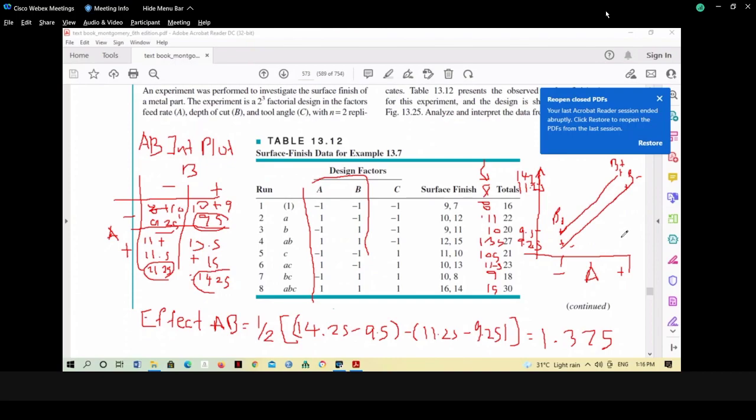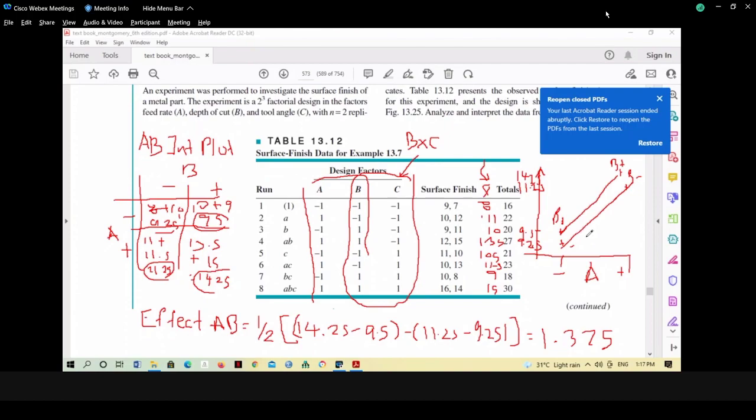Okay, so similarly, you can construct A and C and B and C, the two-way interaction plots, right? I just constructed A and B. You can do similarly for A and C, look at column A, column C, and finally you can also construct B and C. Just focus on B and C. This is the B and C interaction plot.